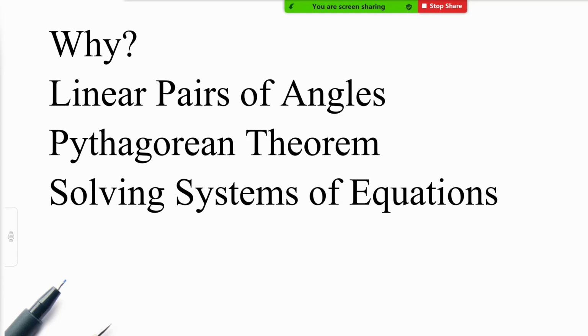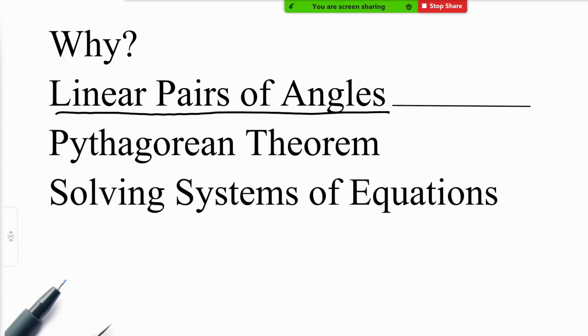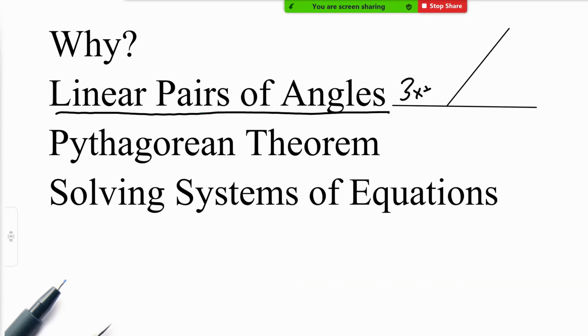Well, in the 8th grade alone, we have problems that are called linear pairs of angles. Do you remember this problem where you have a line that has an angle on it and it says like 3x plus 2 equals 2x plus 8?